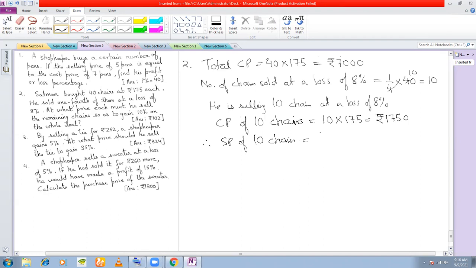It is 1 minus loss percent by 100 into CP. The selling price of 10 chairs is equal to 1 minus loss, which is 8, divided by 100, into cost price, which is 1,750. Okay, so you find it out here. So you get 1 minus 2 by 25 into 1,750.